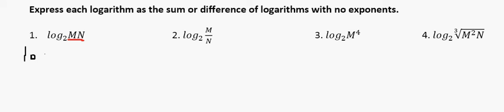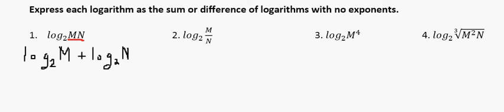Because these two arguments are multiplied, I can expand them into their individual logarithms that are added. So this actually expands into the log base 2 of m plus the log base 2 of n.